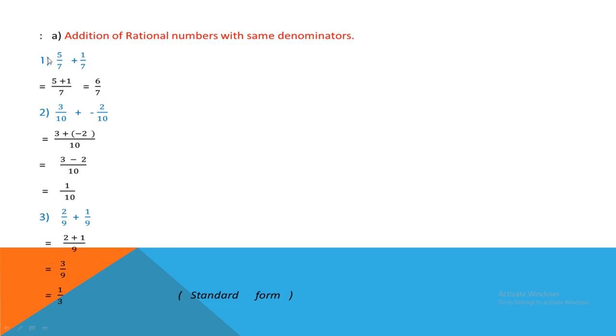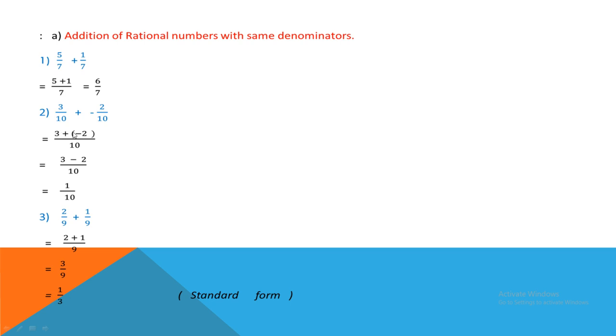For example, this is our first example, 5 upon 7 plus 1 upon 7. As our denominator is same, we keep the common denominator and add the numerators. Answer is 6 by 7. Another example, 3 upon 10 and a negative rational number, minus 2 upon 10. So 3 plus minus 2.